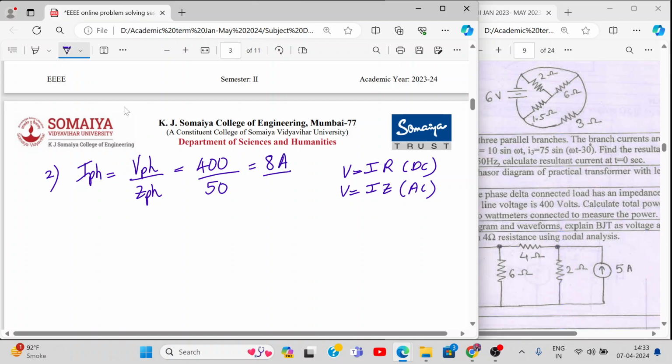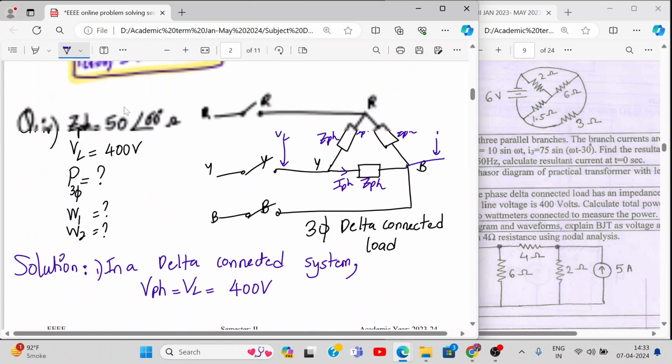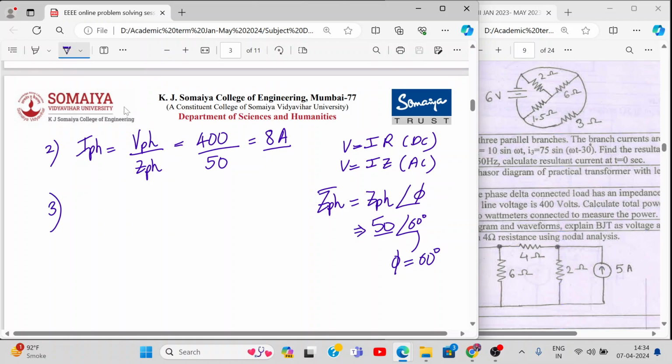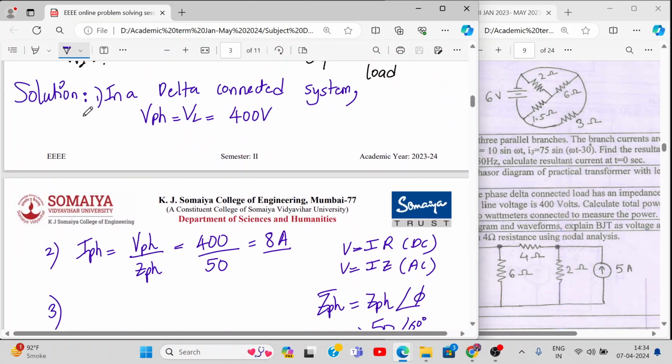Are you getting 8 amperes? Because Z phase is in the form Z phase angle phi. In this case it is 50 angle 60, no? So phi is 60 degrees and Z phase magnitude is 50. So I phase is 8 amperes. Are you with me? Just reply. Are you writing along with me?